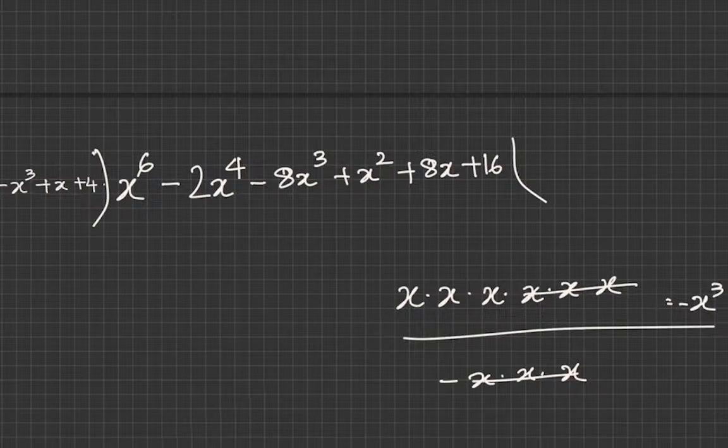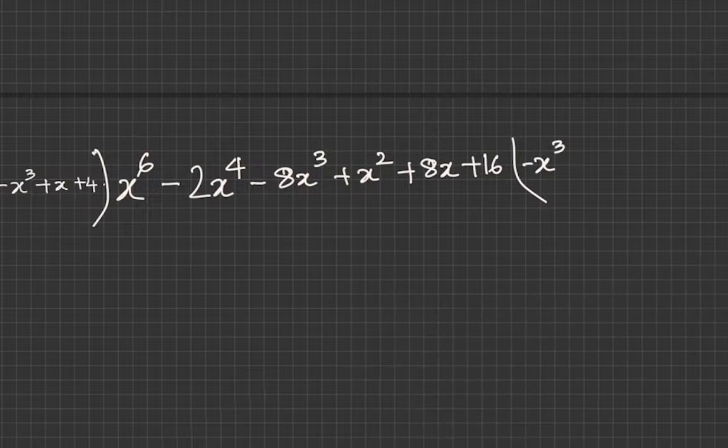Okay. So let's do this quickly. I see that the time is already 6:30. Okay, we'll try to do this quickly. So I have negative x to the power 3 as my quotient. I'm going to multiply that.